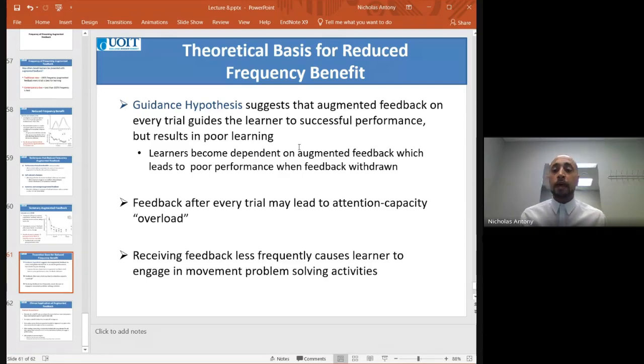By providing feedback less than 100% of the time, you're encouraging the participants to engage in their own problem solving. By giving them augmented feedback every trial, you may be taking their attention away from what they're doing. And then, yes, exactly, they become dependent on that feedback. So these are the three reasons, and it's called the guidance hypothesis. It just came from a study.